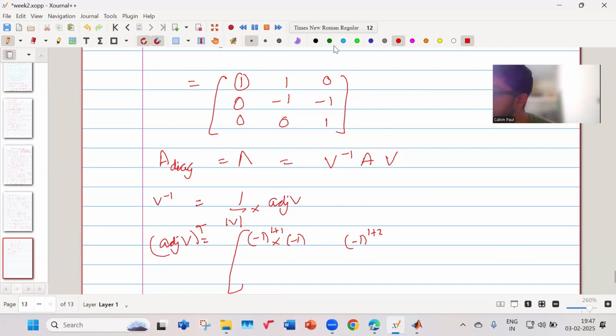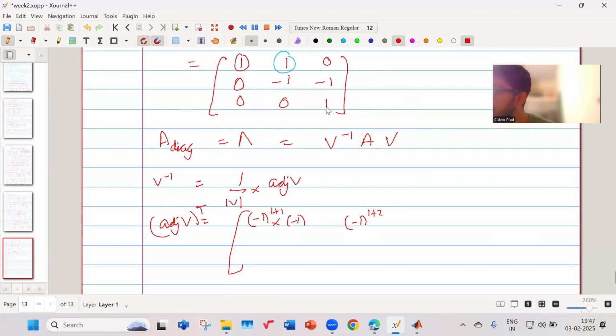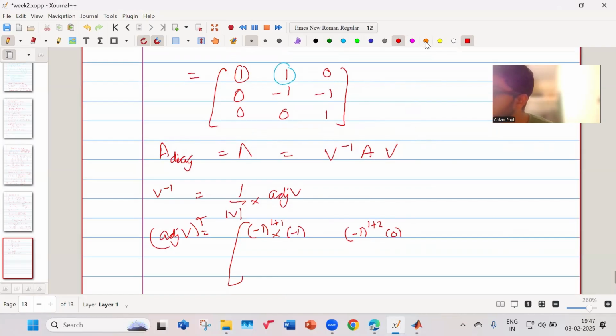So for this we will consider what? These two and these two. Since it is 0 into 1 and 0 into minus 1, it is 0. For this one, it will be minus 1 to the power 1 plus 3, again 0 into 0.